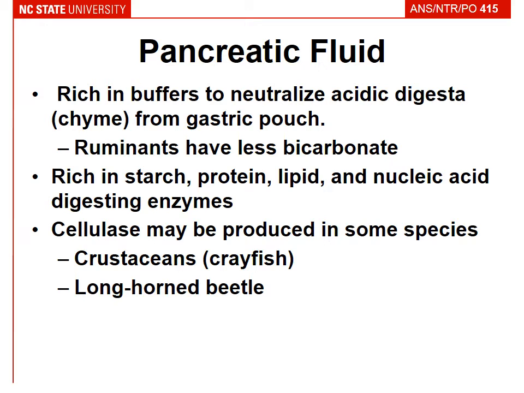Important to note that ruminants have significantly less bicarbonate that is released. That is mainly due to the fact that they don't have as much hydrochloric acid secreted within their stomach, because they utilize the microbes. They don't need as much hydrochloric acid, so they have less bicarbonate.